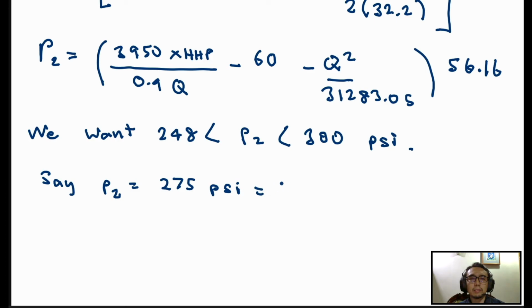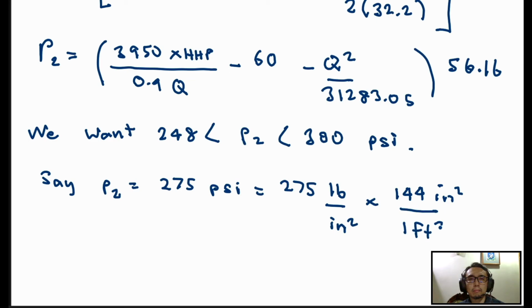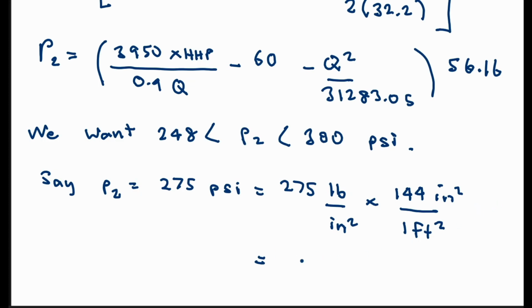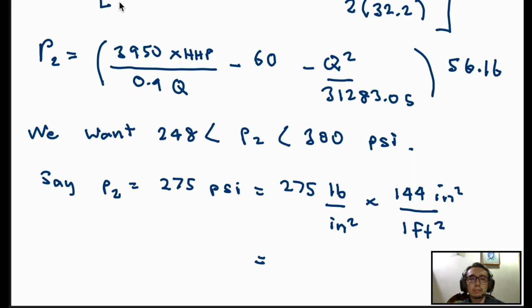You can do that by multiplying it by 144. So this is the number we achieved, 39,600 pound per square feet.